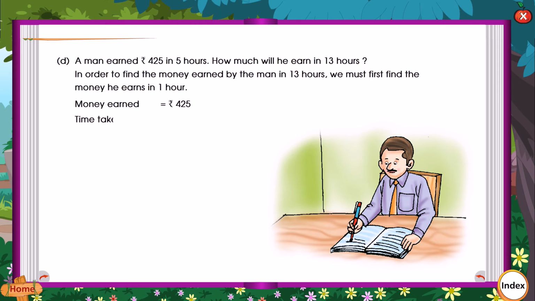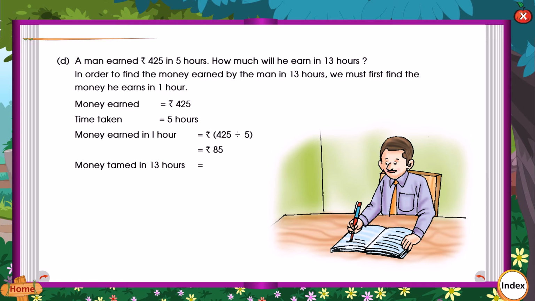Time taken is equal to 5 hours. Money earned in 1 hour is equal to rupees 425 divided by 5 is equal to rupees 85. Money earned in 13 hours is equal to rupees 85 into 13 is equal to rupees 1105.